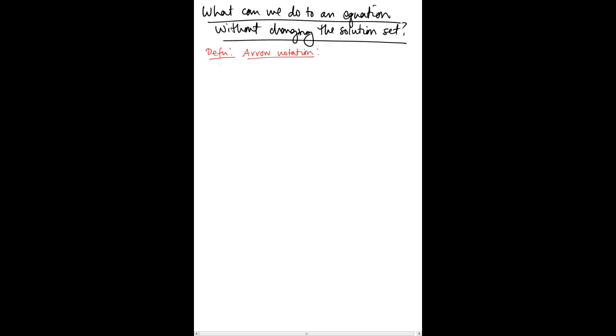If I write something P and then an arrow pointing at Q, whatever P and Q may be, they might be equations or statements or something, all this means is that if P is true, then Q is true. It means essentially that Q follows from P, which is basically what it looks like.